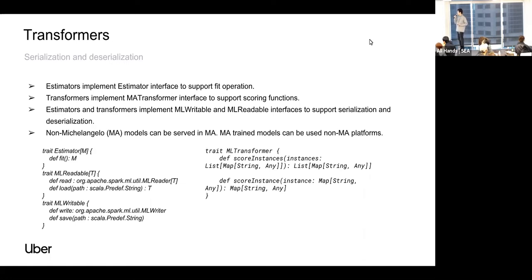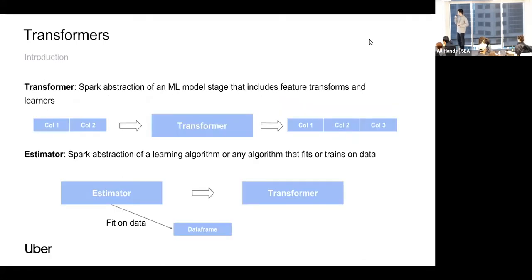And we also allow people to use their customized pipelines in Michelangelo serving platforms. Okay, so this slide explains in more detail what the transformer and estimator do. A transformer is just an algorithm that transforms an input data frame to an output data frame.